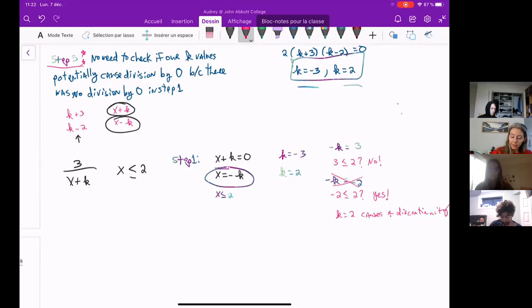The other option would be to just plug in the k. So you could be like, okay, so now I have 3 over x minus 3 when x is less than or equal to 2, and this is when k was equal to minus 3. And when k is equal to 2, we would have 3 over x plus 2 when x is less than or equal to 2. And redo step 1.